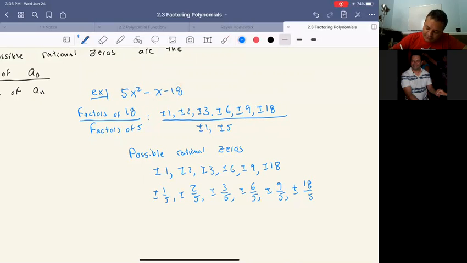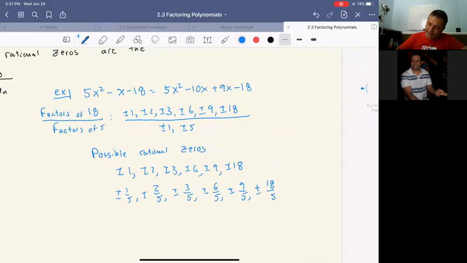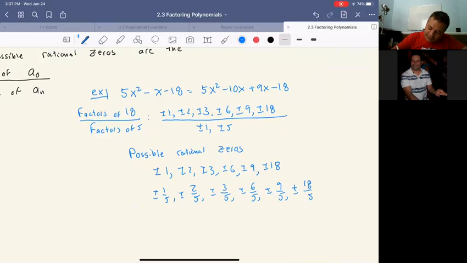So I'm going to rewrite this as 5x squared minus 10x plus 9x minus 18. And then I'm going to do a little factor by grouping. This is not really part of this, it's just a reminder. So 5x times x minus 2 plus 9 times x minus 2, and that equals 5x plus 9 times x minus 2.